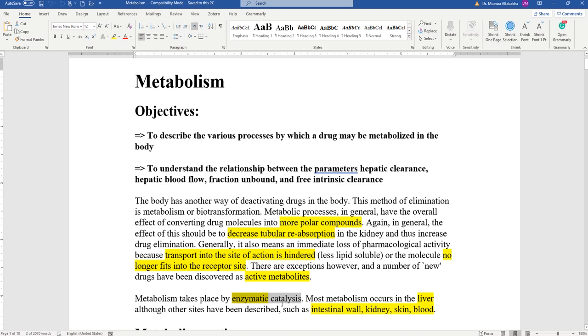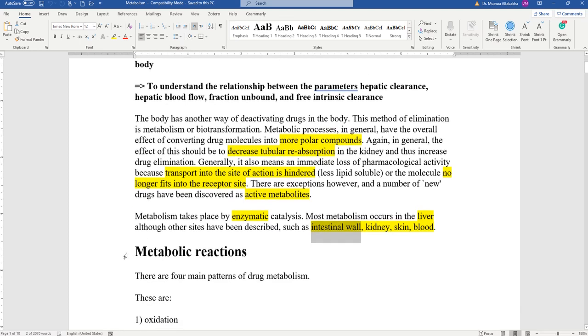Of course, we know that metabolism happens mainly in the liver, but there are other places such as the intestinal wall, kidney, skin, and blood where you have enzymes and metabolism can occur.